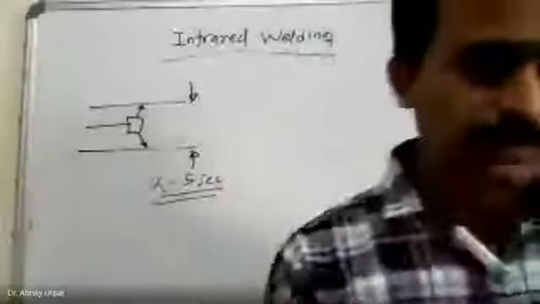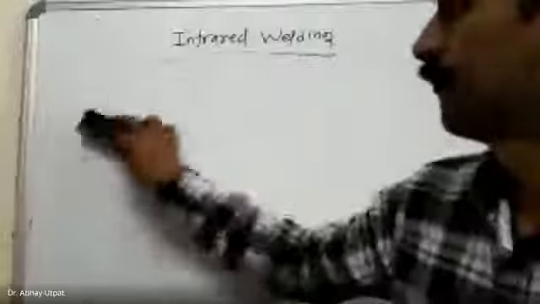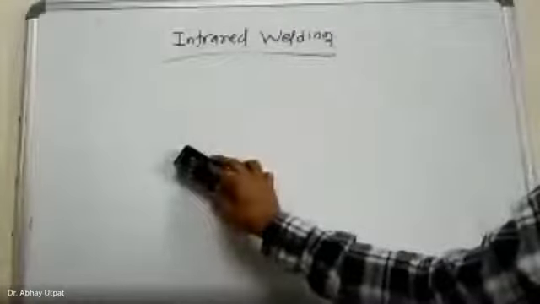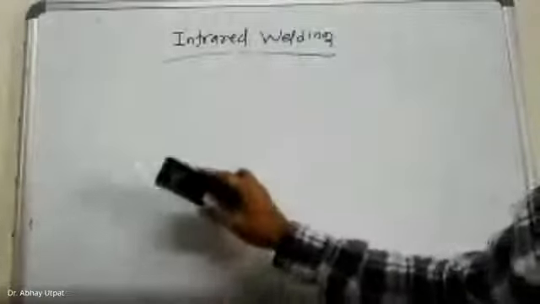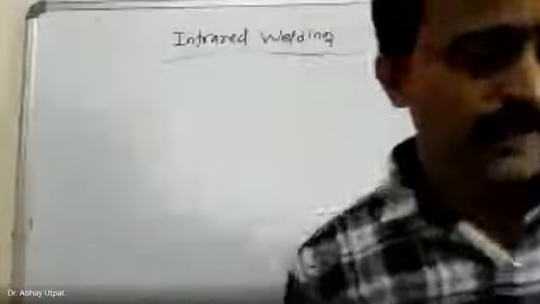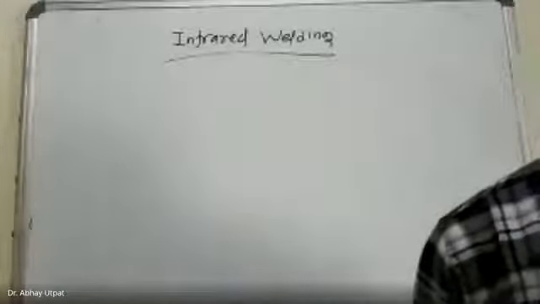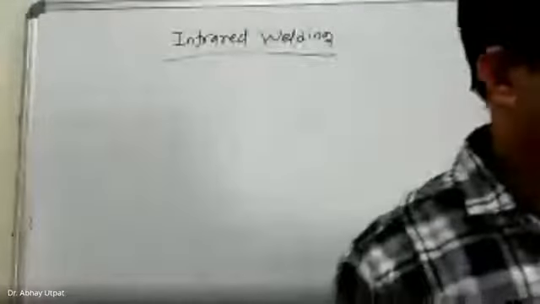Now, the diagram. Before that, you write some lines, then I will draw the actual diagram. Principle: thermoplastics can be welded together using infrared radiations.